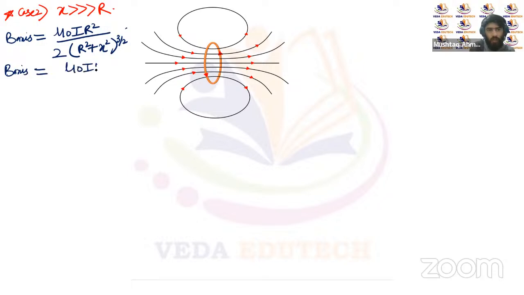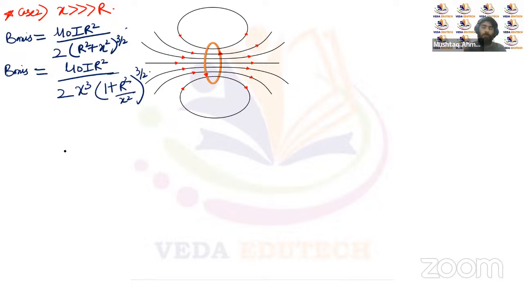If we take x square as common, we'll be left here with x cube, times 1 plus r square upon x square raised to power 3 by 2.